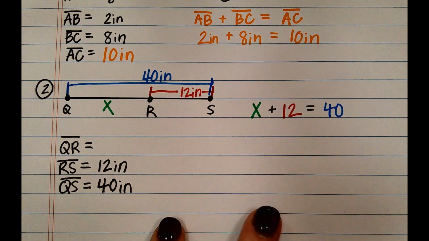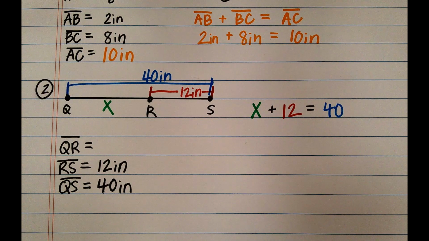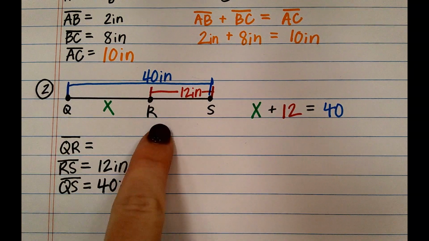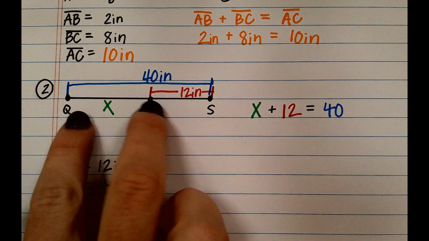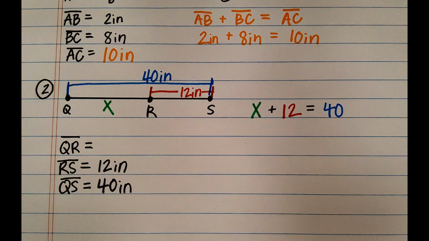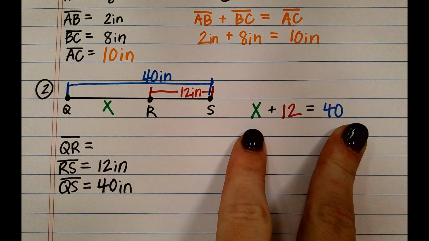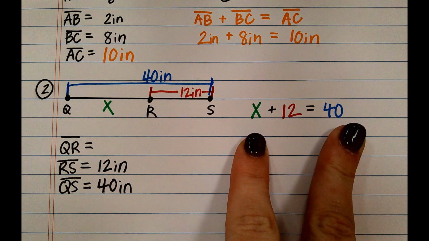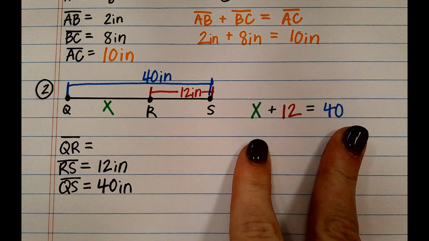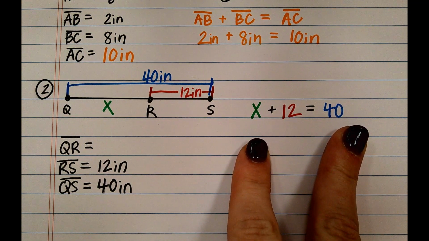I appreciate it. So I have X plus 12 equals 40. Now, you could look at this, because this is a slightly more simple problem, and do exactly what you just said, we just do 40 minus 12. If I wanted to set it up as an equation, this can show us where that minus 12 comes from. And you want to combine like terms. Yes.